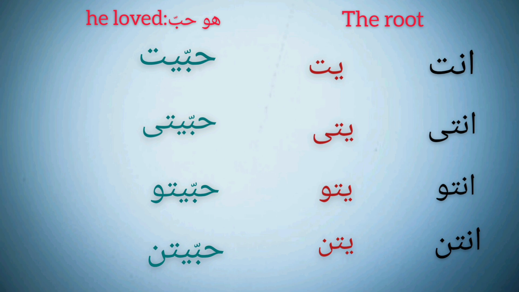Intu حبيتو. We added here يتو, and it means you loved. It's plural and refers to males. But for female plural, we say intin حبيتن. We add يتن here. Intin حبيتن. You loved.